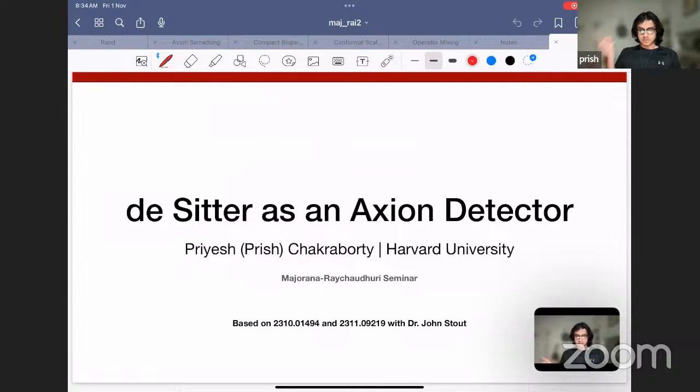This is based on some work I did with John Stout, arXiv numbers over here, last year. The main point I will try to convey through my talk is that axion physics in de Sitter may be more subtle than previously thought. So let's just get started.